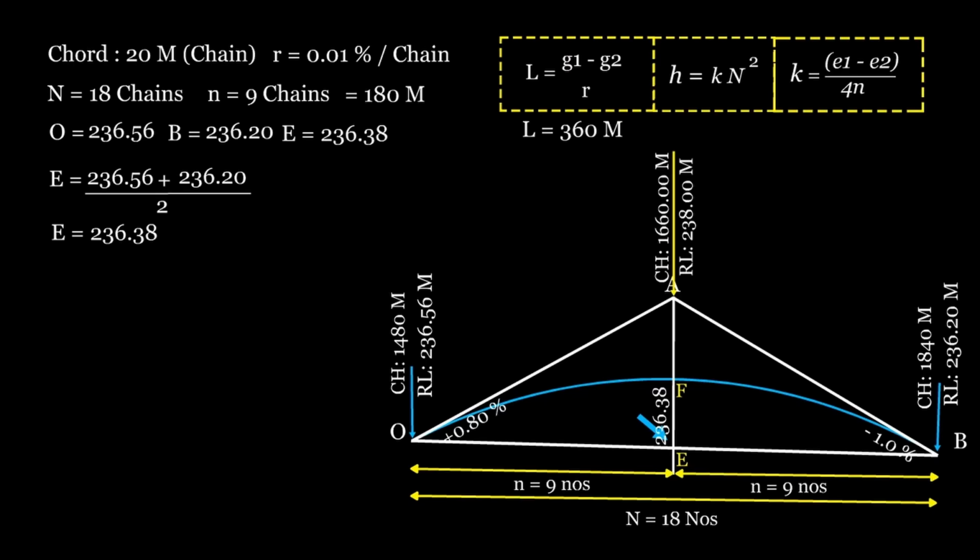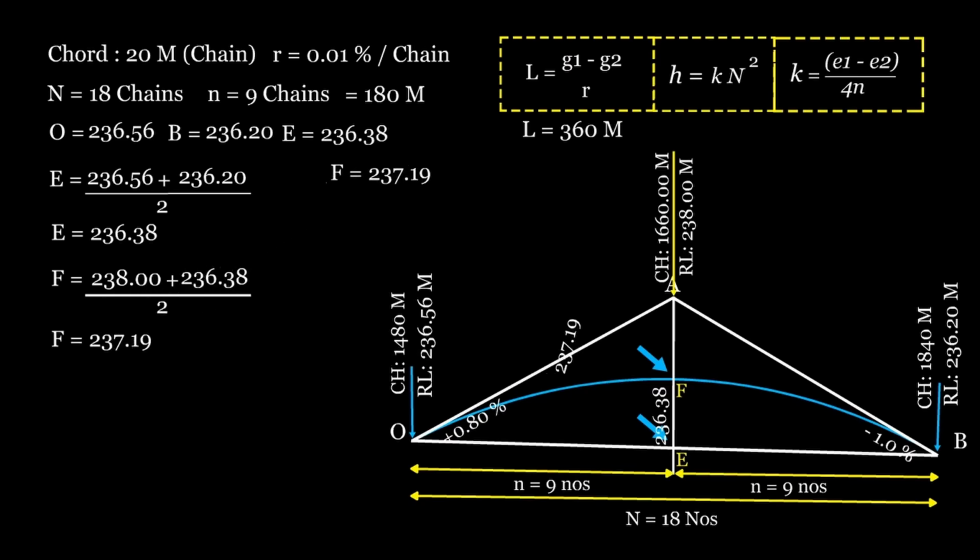Calculate the value of point F. Point F is midway between points A and E, so RL of point F equals (RL of A + RL of E) divided by 2. (238 + 236.38) divided by 2 equals 237.19 meters.